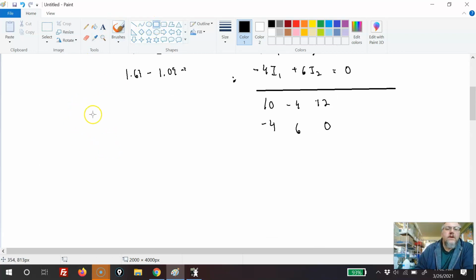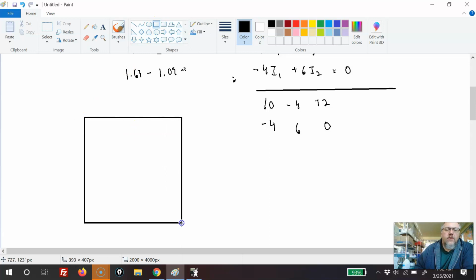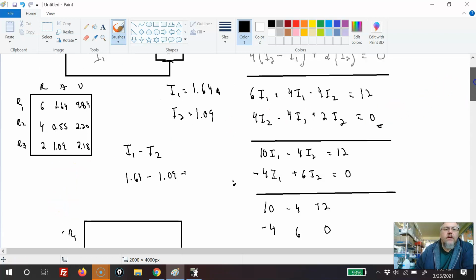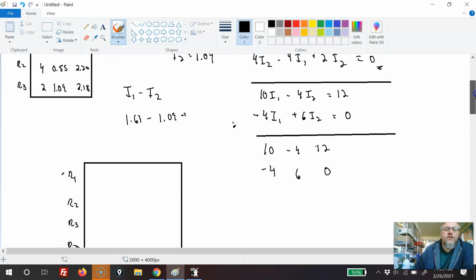First of all, because it's the circuit that we've seen before, it's really kind of easy. I'm going to put down R1, R2, R3, R2,3, our total, right? He's on the outer ring, okay? So I'm going to make sure I put my numbers in correctly. If I don't, it's going to be a mess. 6, 4, and 2, right?